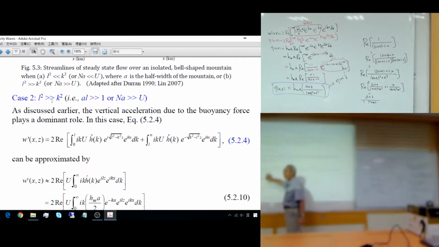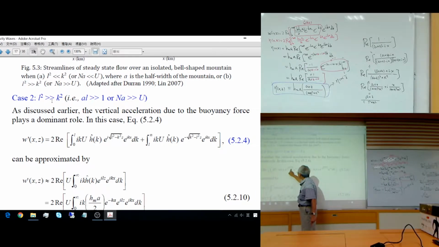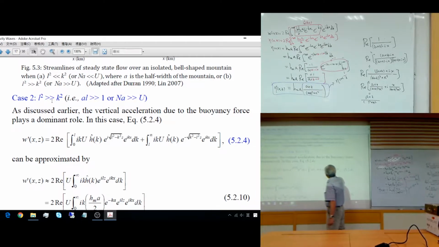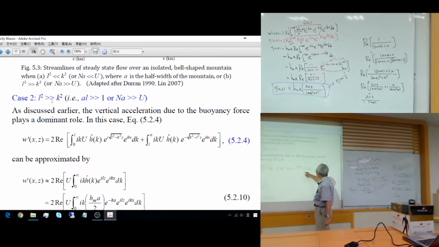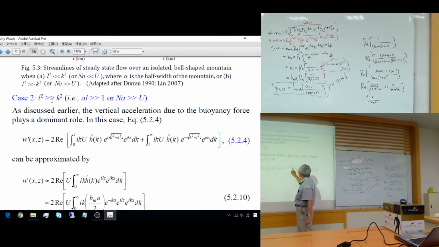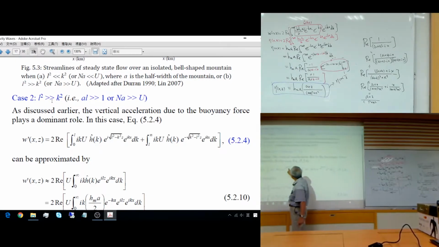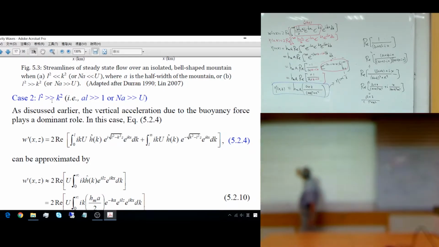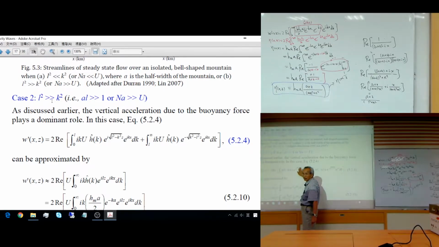Because l squared is greater than k squared. This term will be gone, because this term requires l squared less than k squared. So this will be gone, and with l squared much greater than k squared, this will become i l. That's right here, i l g, and so the solution becomes like this.